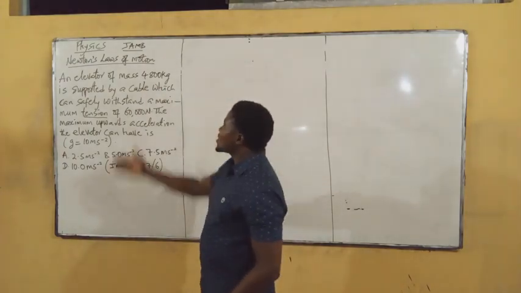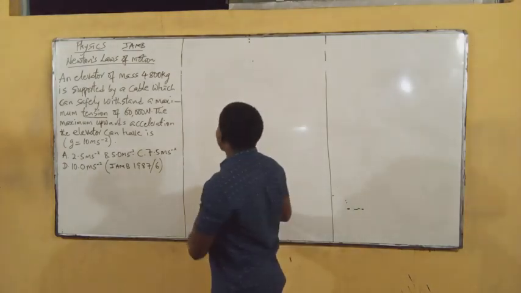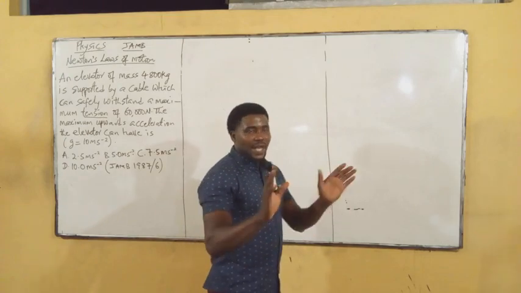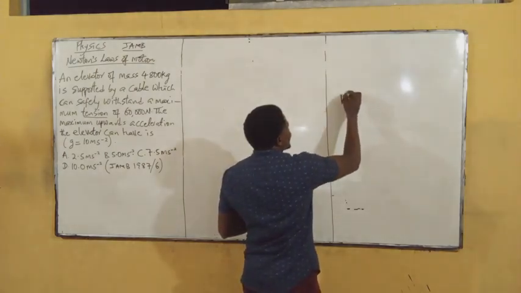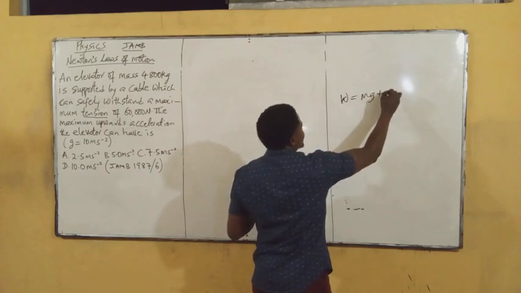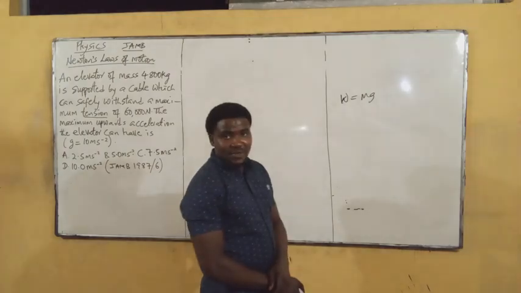If you have studied Newton's laws of motion, under Newton's second law of motion, you will agree with me that when an elevator is at rest, when a lift is at rest, the weight of that lift, W, is equal to mg. But that is when the elevator is at rest.